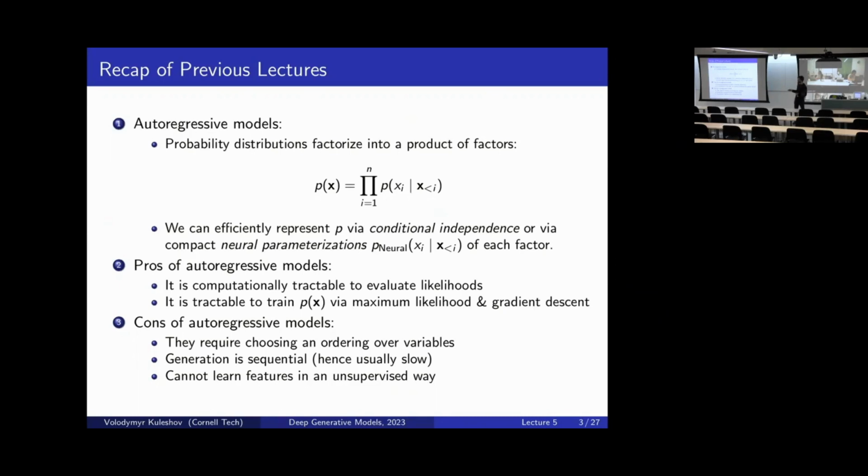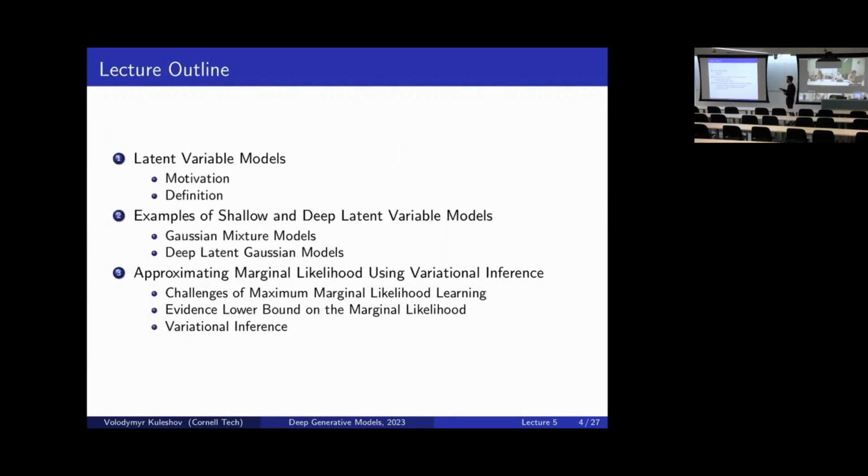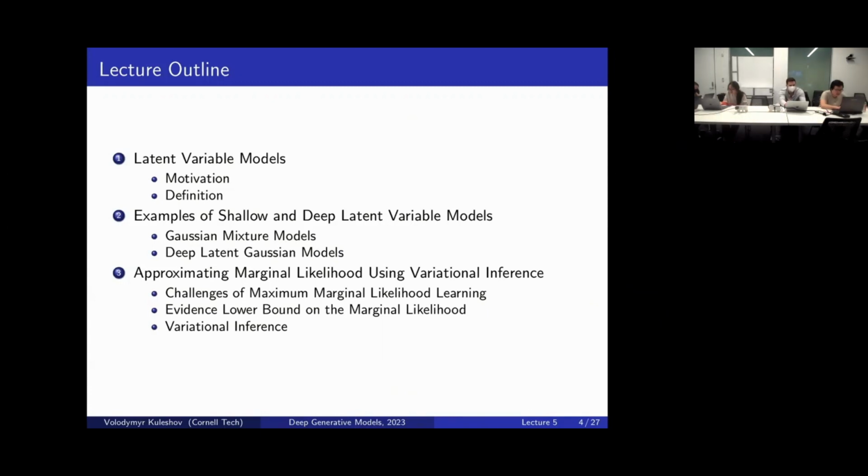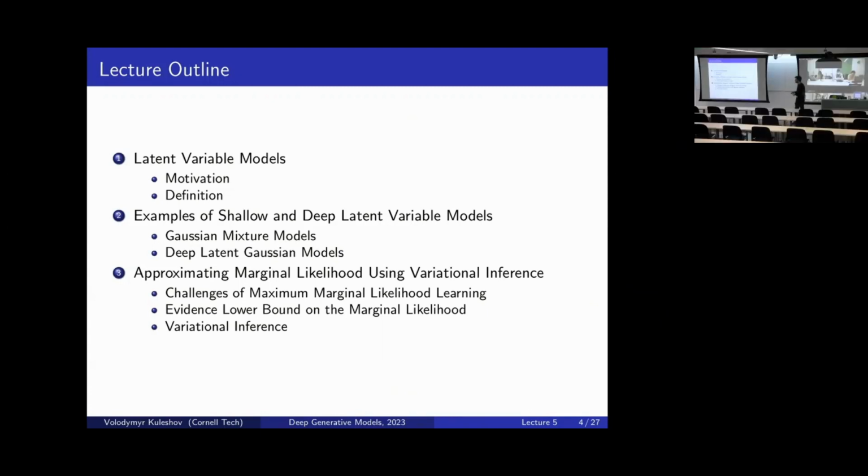And so the whole premise of this lecture and the next lecture is going to be to try to address this limitation of autoregressive models, the fact that they can't do representation learning. We're going to introduce a new type of generative model called latent variable models, and specifically variational autoencoders are going to be a special type of latent variable models.